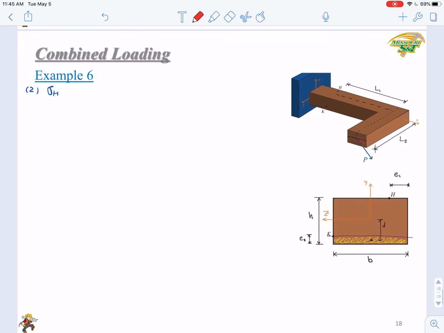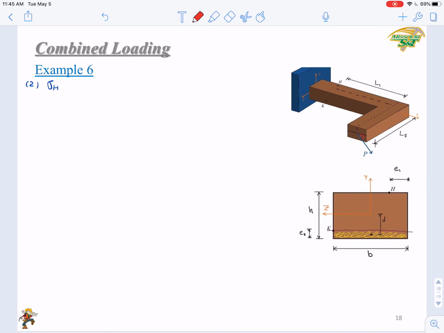So the first component at point H will be just Fx over A. Right? The Fx is 2160 over the A is just B times H. Right?